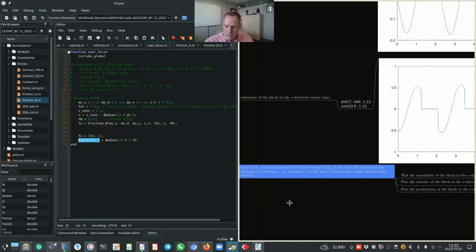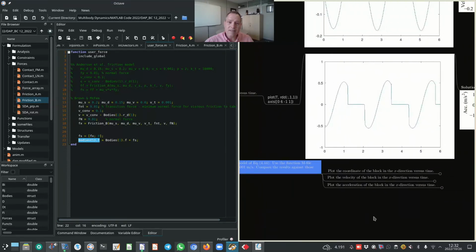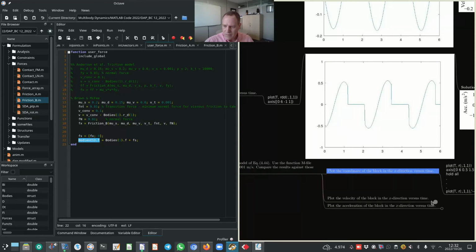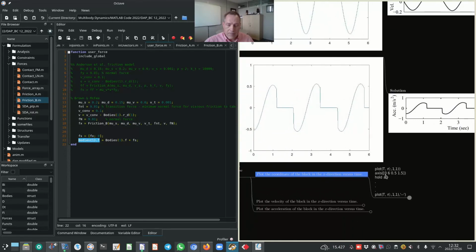Now to compare the results with the results of exercise 8.11, let's just see how I went about doing that. I ran the simulation using the Anderson model. I then plotted the position of body 1 in the X direction.